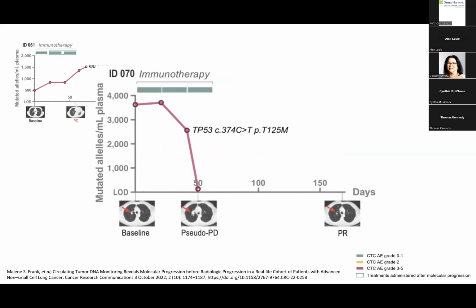Another patient, this is a 66-year-old who had immunotherapy as well, showed what was thought to be radiographic progression at first imaging. However, looking at the ctDNA testing, the ctDNA decreased over that time to the limit of detection, and on subsequent radiographic investigation, that previously thought progressive disease was actually shown to be pseudoprogression with a partial response at that time.